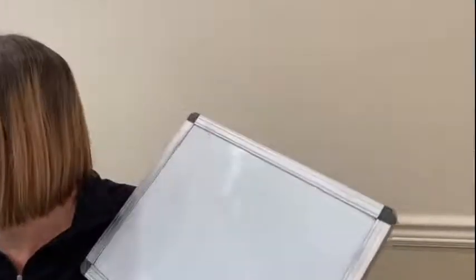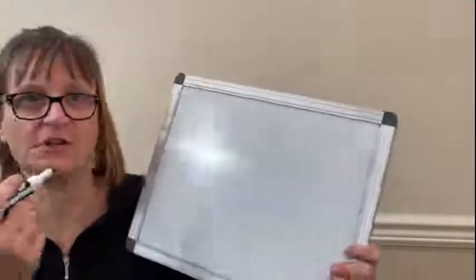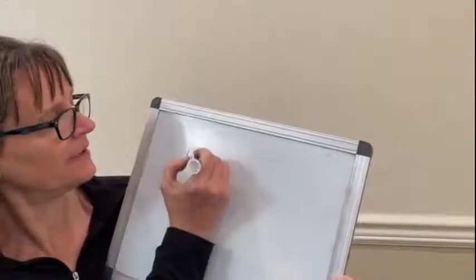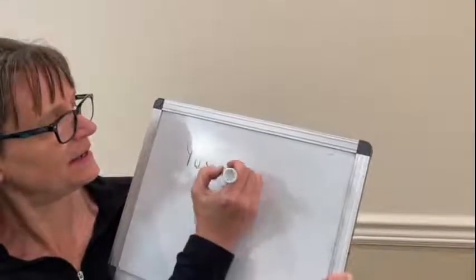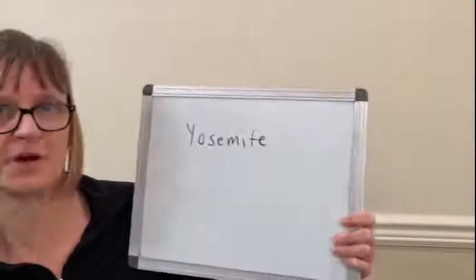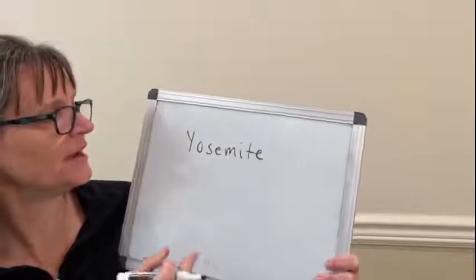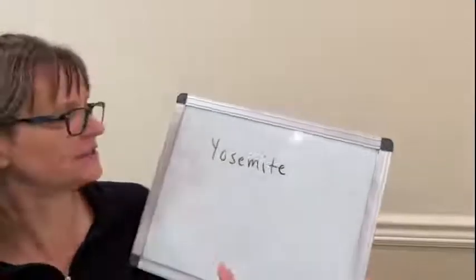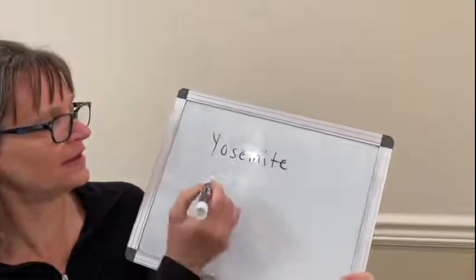So we had a question about how to pronounce Yosemite. This is one of the national parks in the U.S. Yosemite has second syllable stress. We have our O there again.